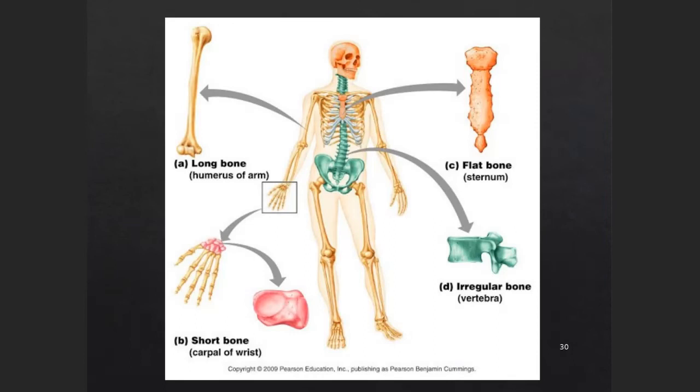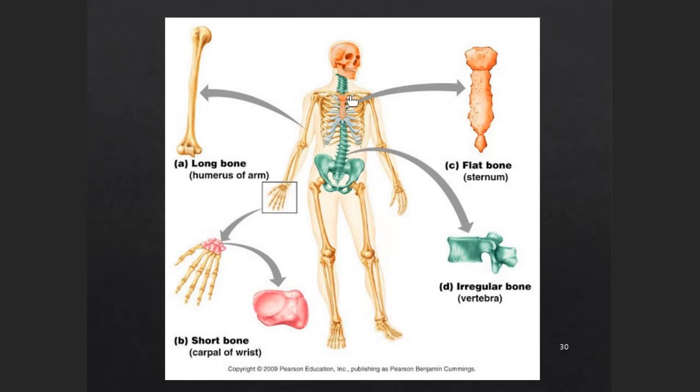Now this is one big picture that will tell you everything we have discussed. Can you see this? This is one of the long bones. This is your femur. This is your humerus. This is your tibia. This is your femur. This is your tibia. Then these are all your short bones. These are your metacarpals.